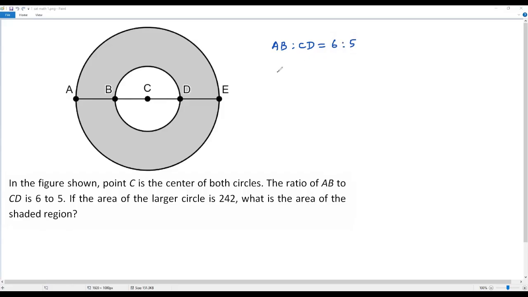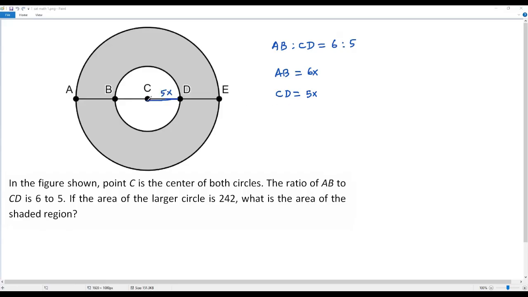The length of AB equals 6x. To get the length of CD, we multiply the second term by the same x, then we get 5x.